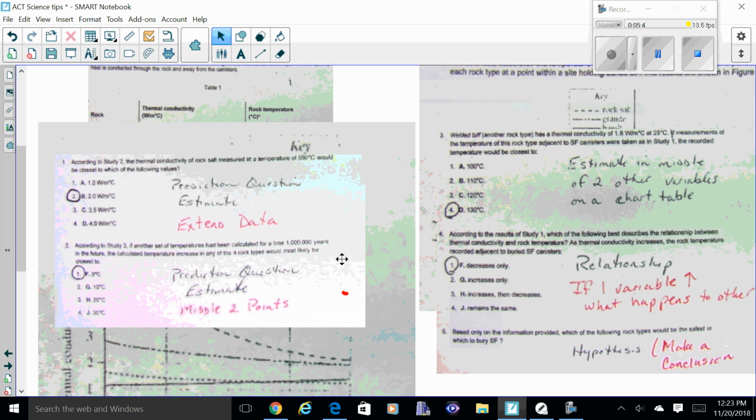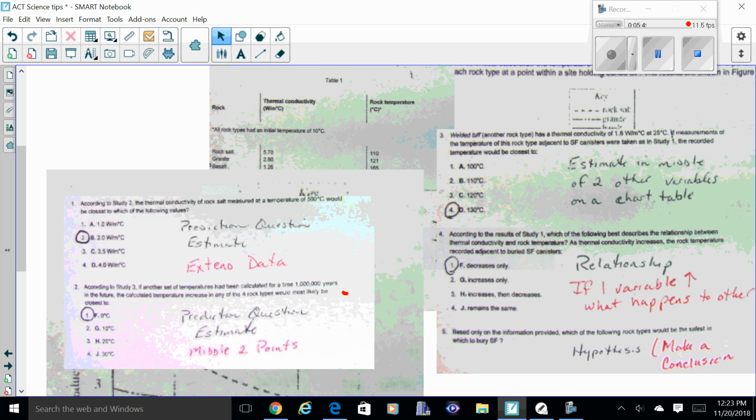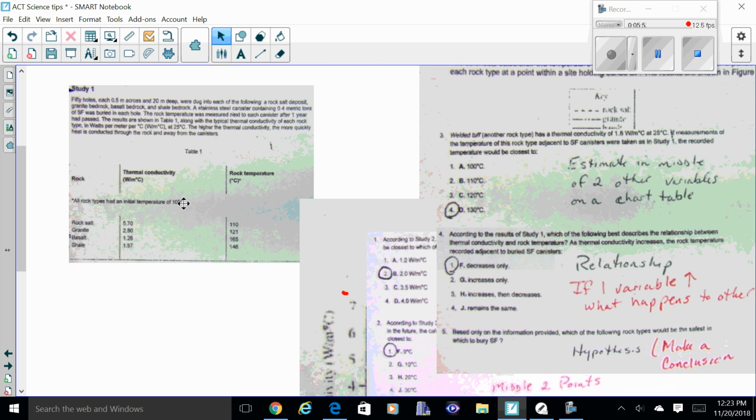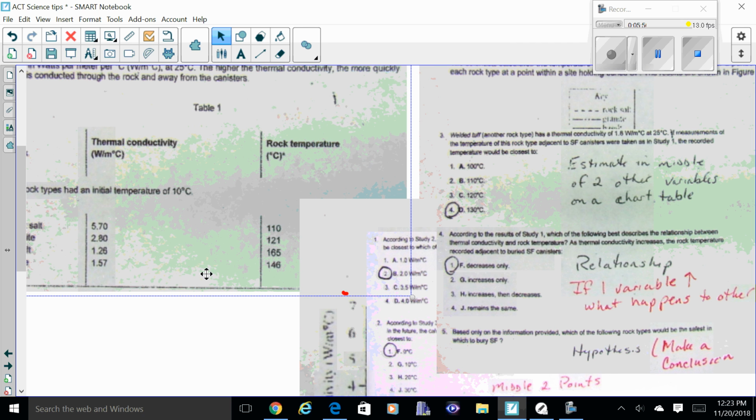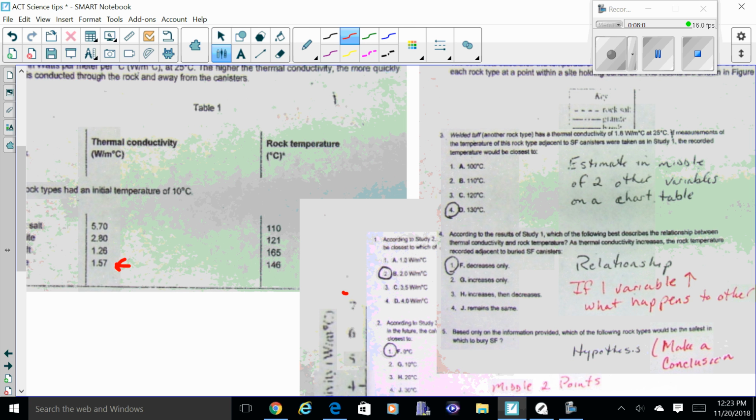Well, by golly, there is no 1.8. Well, that stinks. But wouldn't 1.8 be between 1.57 here and 2.8? So what I have to do is I got to pick a number between 121 and 146. Well, I know it's going to be in the 130s, and so that's why D ends up being my answer.